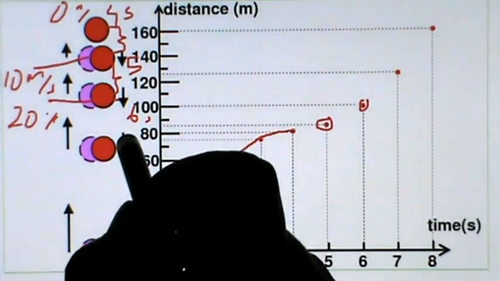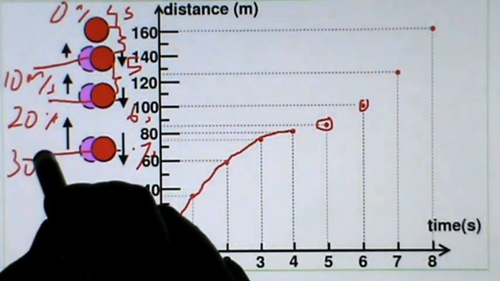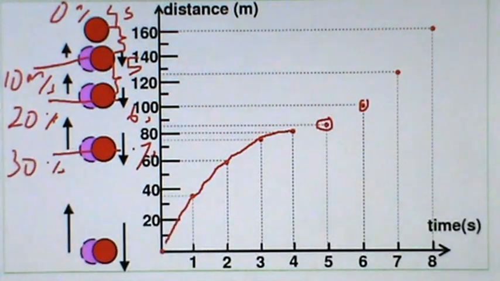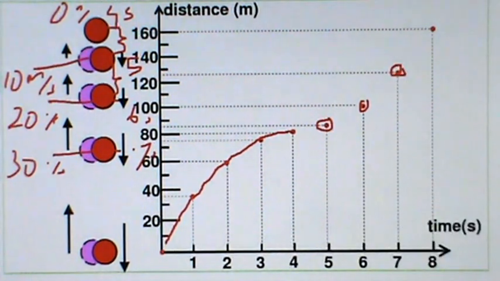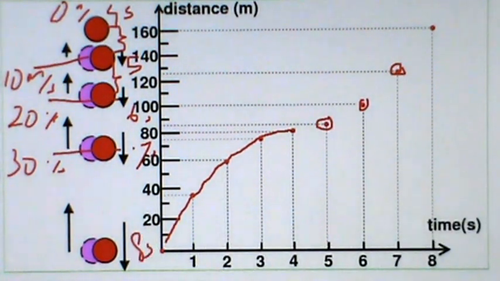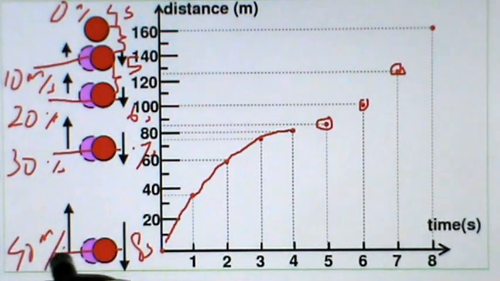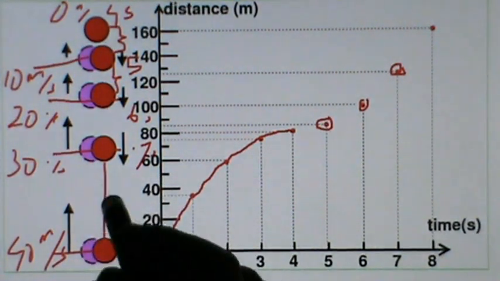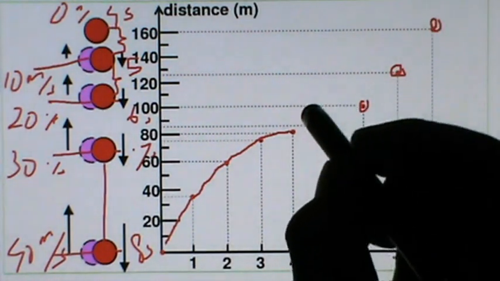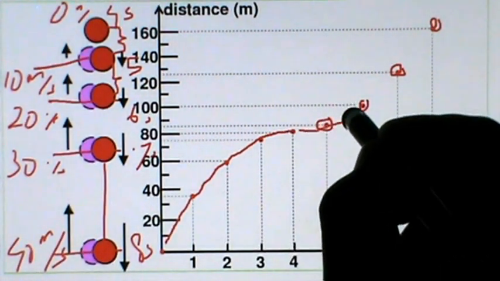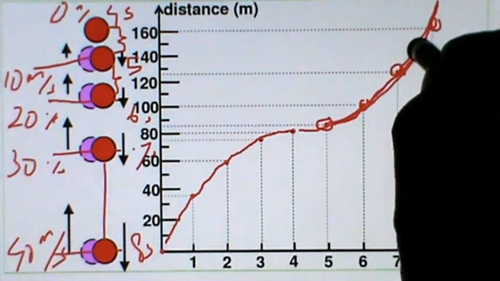And then at 7, the speed is 30, so it will move 25 meters from here to here. And then finally at 8 seconds, the speed is 40 meters per second, so the distance traveled here is 35. So from here to here is 35, and you get another parabolic curve.